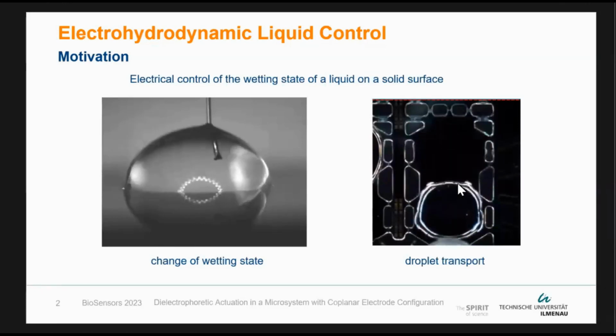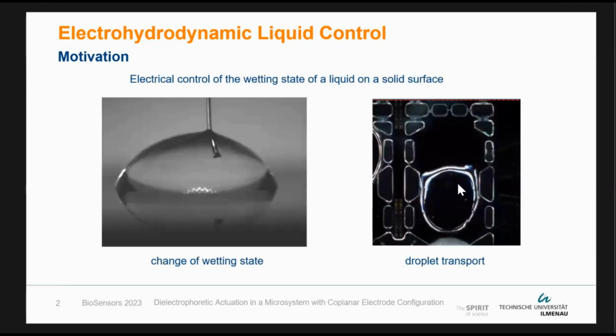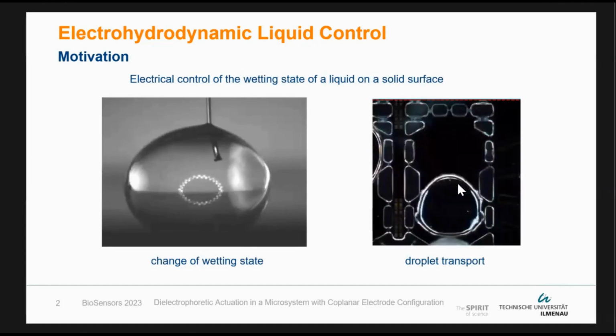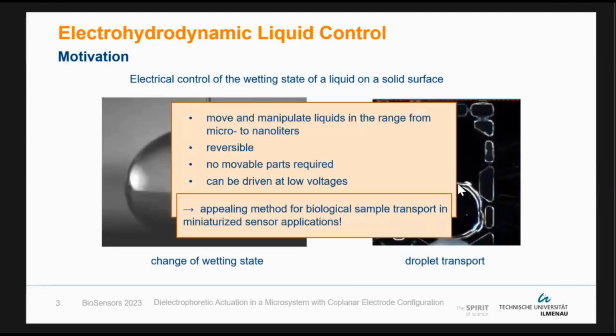So these methods by electrohydrodynamic control join some very relevant benefits, which make them very appealing for the use in microbiological systems. First of all, you can really manipulate very small liquid volumes up to nano or even picoliters. And the effects are completely reversible.